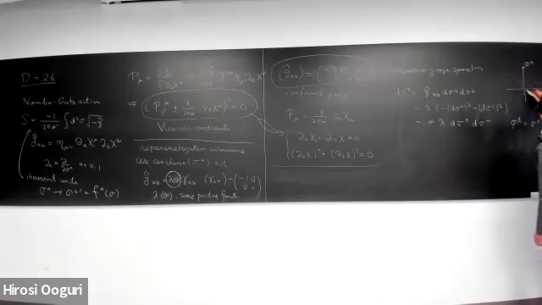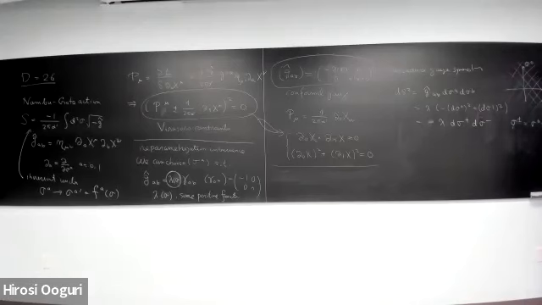So we can have this type of coordinate where sigma minus is constant, and where sigma plus is constant. These are called the light cone coordinates.